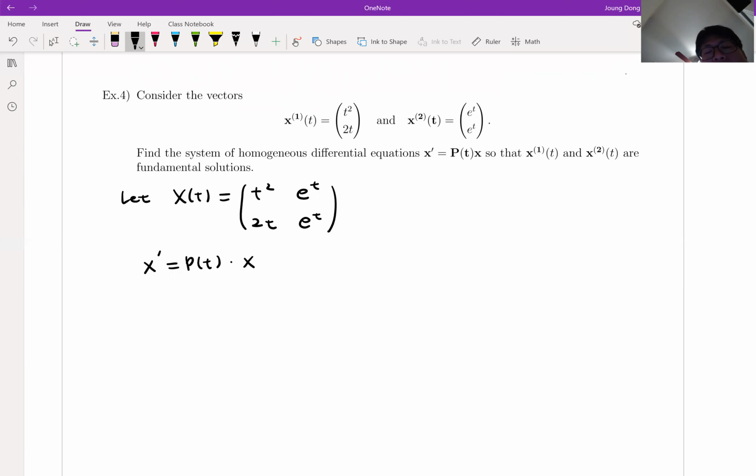And we can easily find it, since x1 and x2 form a fundamental set of solutions, which means the Wronskian is not equal to 0. In other words, the determinant is not equal to 0. Determinant not equal to 0 means it's non-singular; in other words, there is an inverse matrix.